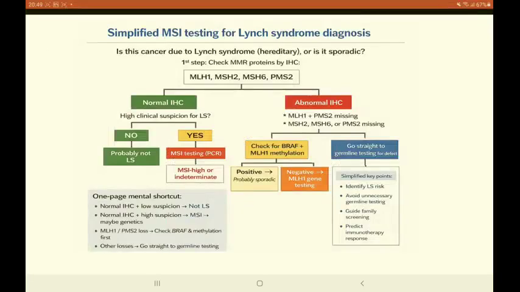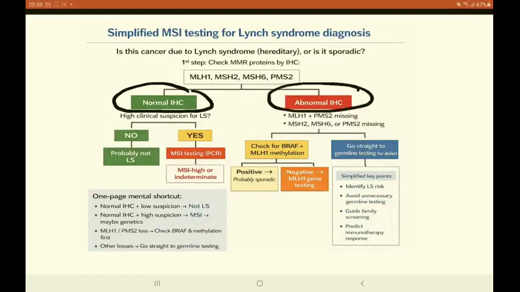Now, this is a very simplified version of MSI testing for Lynch syndrome diagnosis. How do we go about it? Is it Lynch syndrome, that is hereditary, or is it sporadic? So we go for the normal IHC to detect the MMR genes.